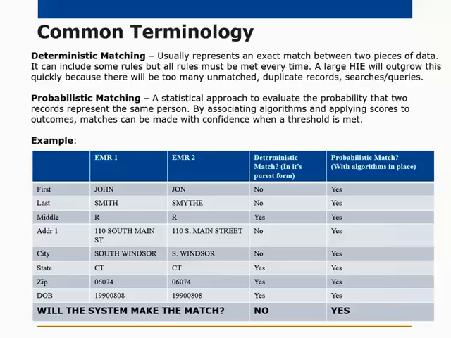So as you get multiple sources feeding your system, the deterministic matching is outgrown very quickly, and it really is just doing possibly more harm than good, because you're creating so many duplicates that that's almost as dangerous as having nothing. So the probabilistic matching is really where you get into some of the cool algorithms, where you really take the data, analyze it, and develop the best recipe for your population.